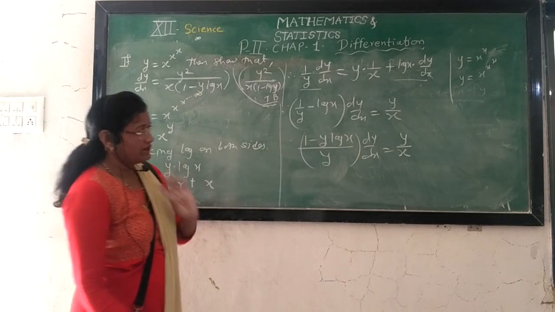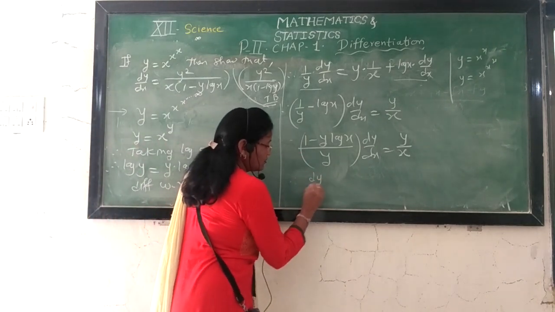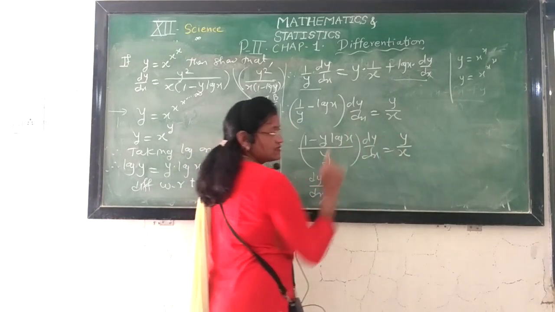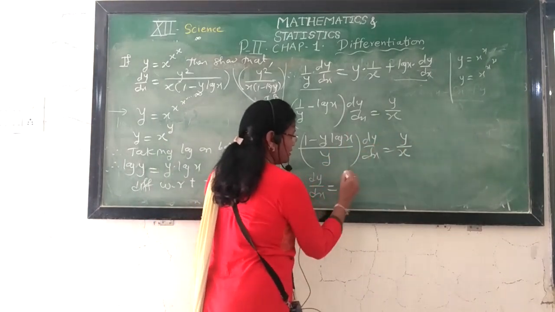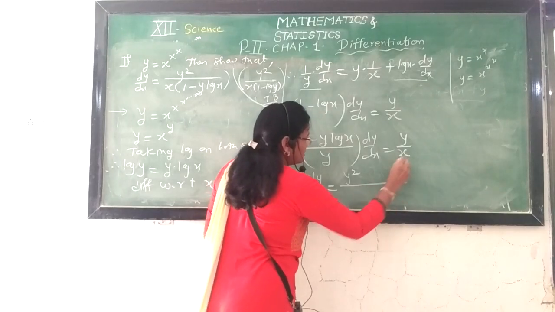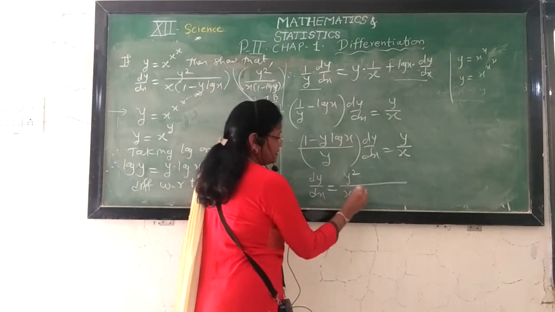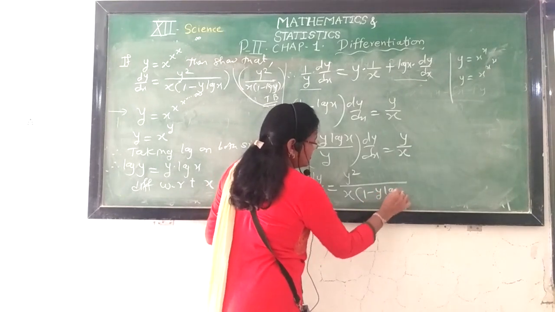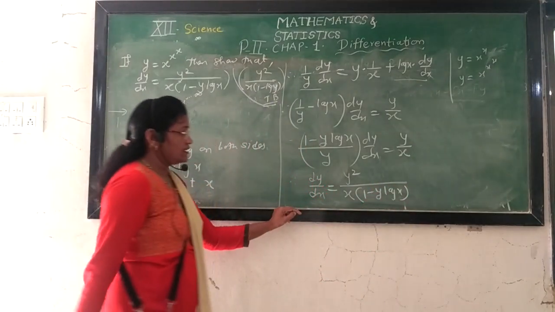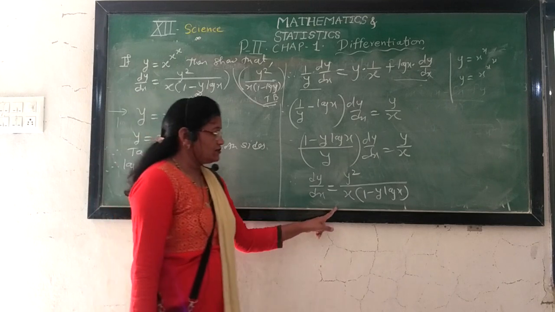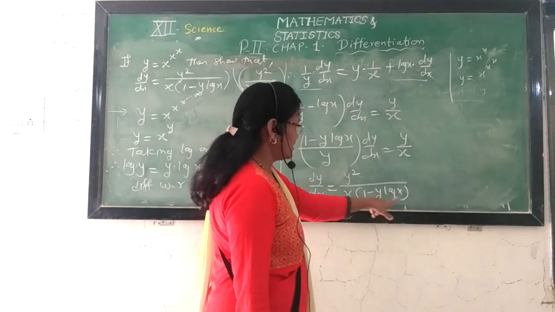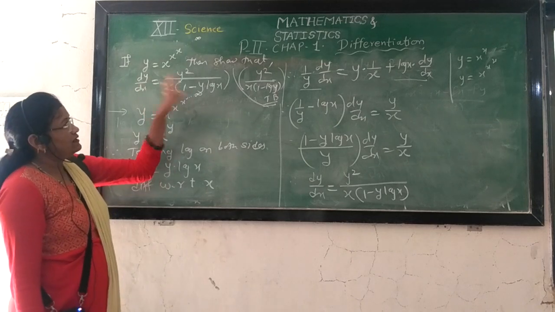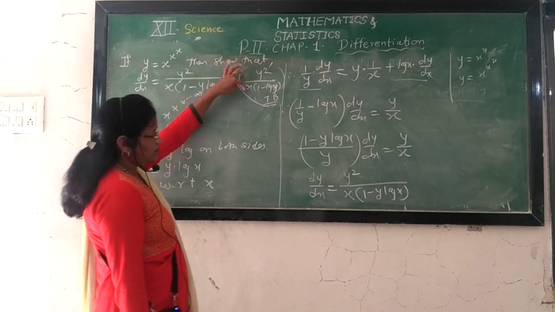Now to find the value of dy by dx, this y is divided, which becomes multiplied on the right side, so y into y becomes y square. This x is divided here, and the term which is multiplied becomes divided on the right side. So dy by dx is y square upon x into (1 minus y times log x). This is the value of dy by dx for this expression. In your textbook that value is given as y square upon x into 1.